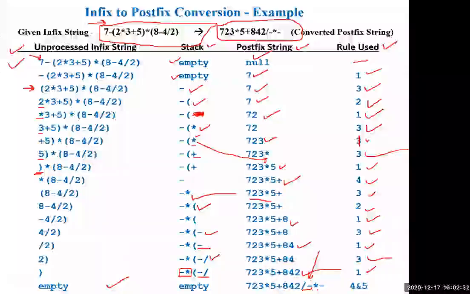So multiply is popped out first, then minus is popped out, so it will be added to the end of the postfix string as per rule number 4 and 5. So this is how this complete expression is evaluated to the resulting postfix string. So we can see 723 multiply 5 plus 842 division minus multiply and minus is the output of this particular conversion.